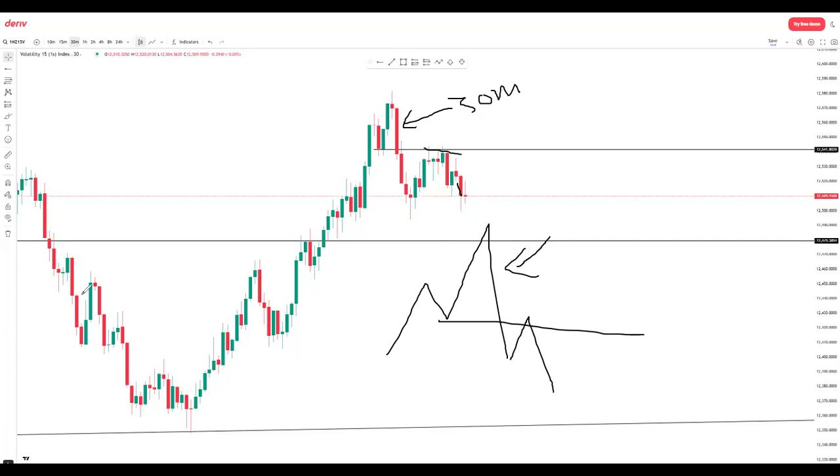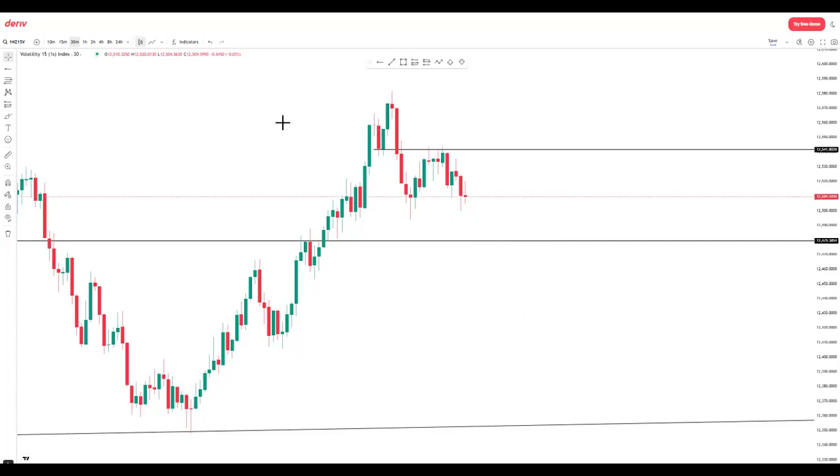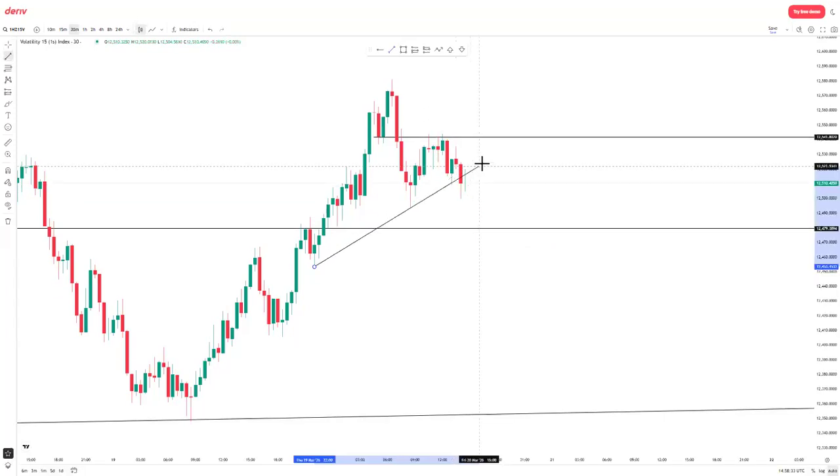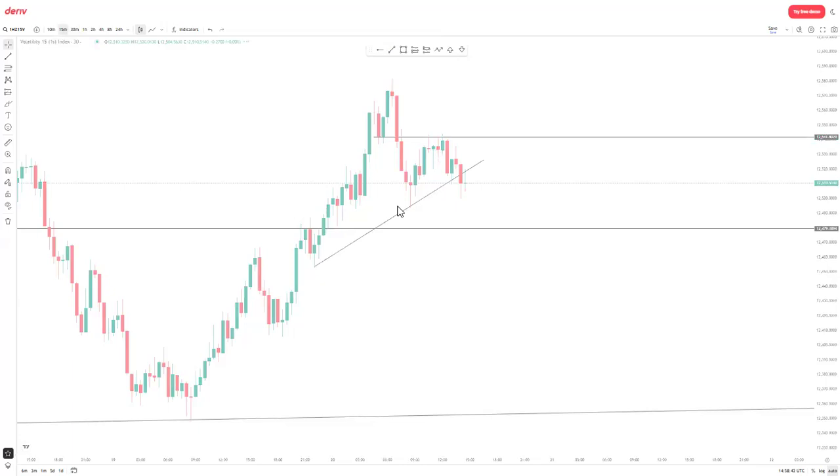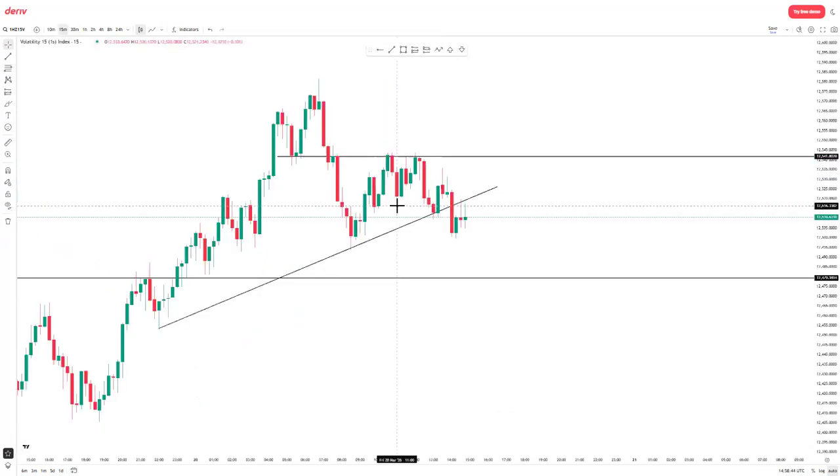What is it that you can do if you want to be in a position of selling right now? Add your trend line like this and push it all the way up. You can see that we have broken this trend line. Maybe if we go to 15 minutes, it's going to be way exposed. This is your 15 minutes chart. Let me adjust.